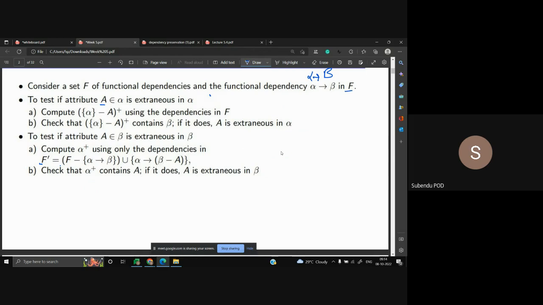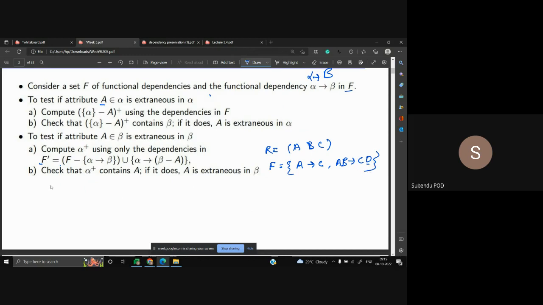Suppose there is a relation ABC, and the functional dependencies given are A determines C and AB determines CD. We have to find whether D on the right hand side is an extraneous attribute or not.